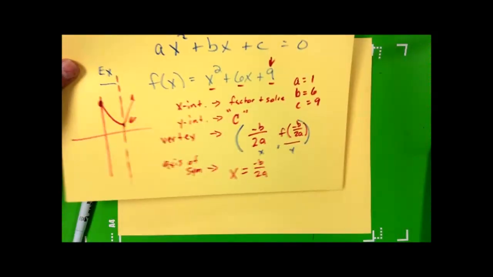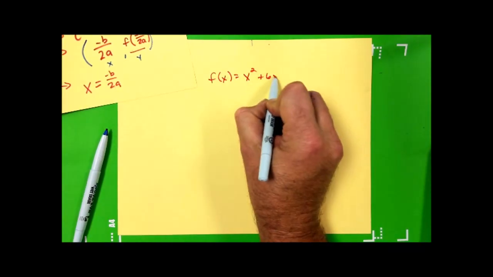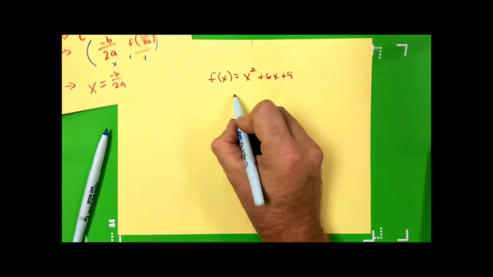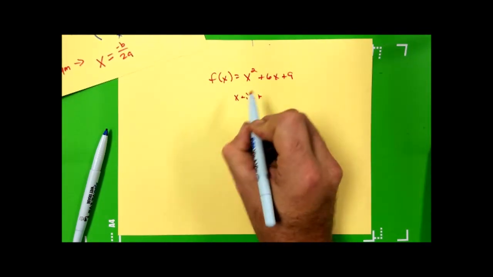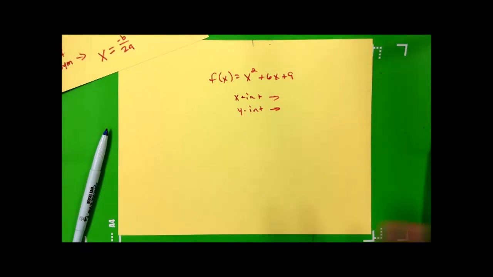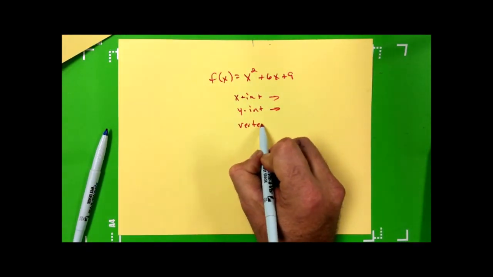Right? So let's do that real quick. Let's say I give you this as a problem. And let's say I want to know x-intercepts. I want to know y-intercepts. I could ask that in a quadratic. I could ask that in just about anything. I could ask for a vertex out of this form.